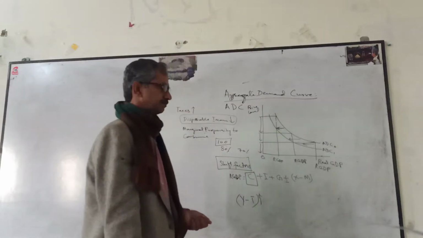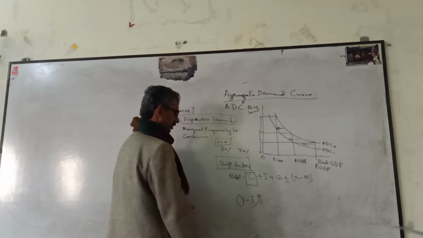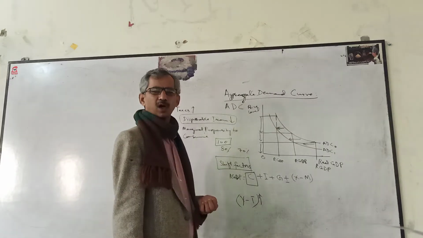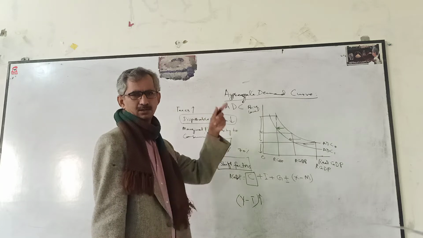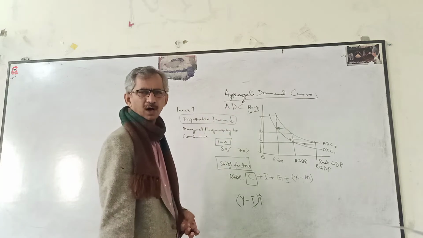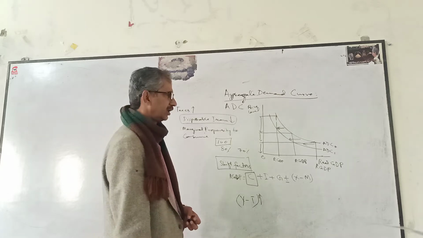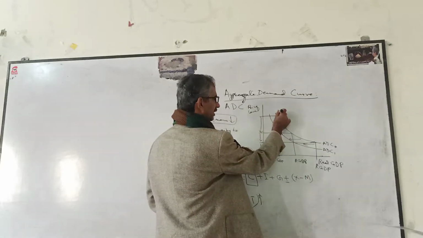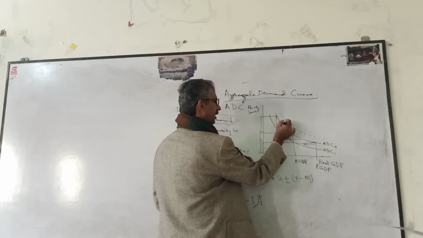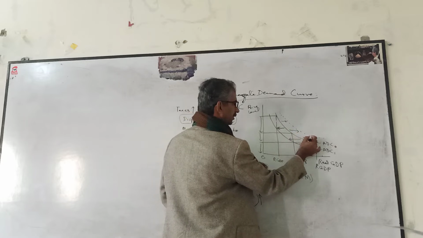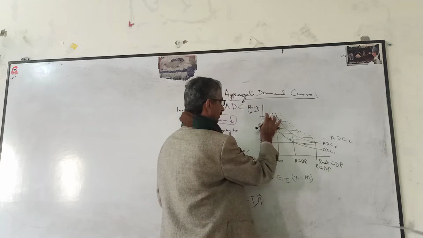You can also say that when consumption increases, when the tax rate falls, it's not necessary that taxes always rise. Suppose tax falls, it increases the disposable income of the people. When disposable income of the people increases, suppose they start buying more and we have a new aggregate demand curve 2.